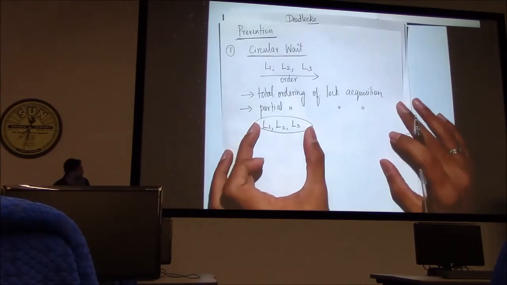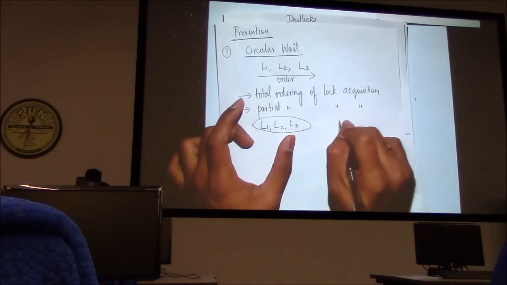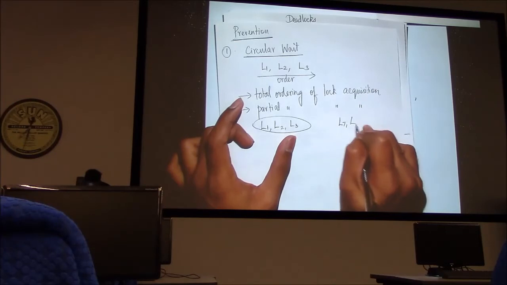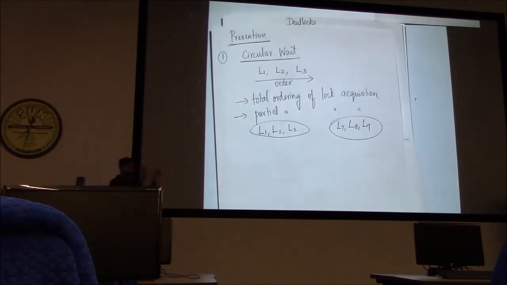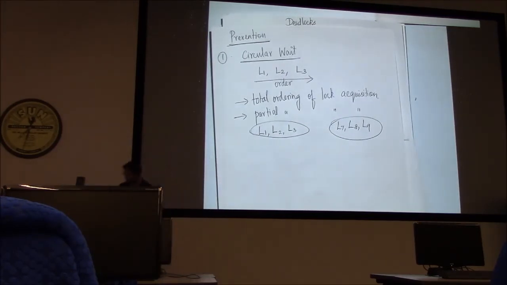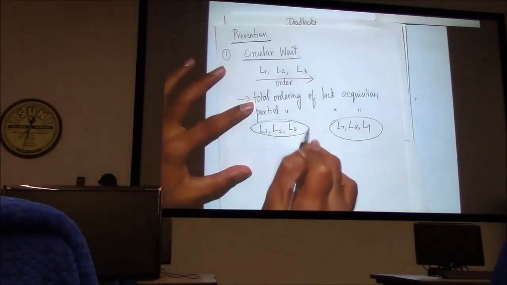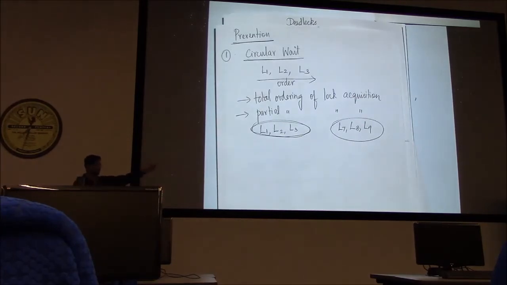For example, it can be L1, L2, L3, and if you are acquiring locks L7, 8 and 9, then this should be the ordering. So it's some partial ordering between a set of locks, and it usually makes sense because people will not be acquiring locks across these subsets.